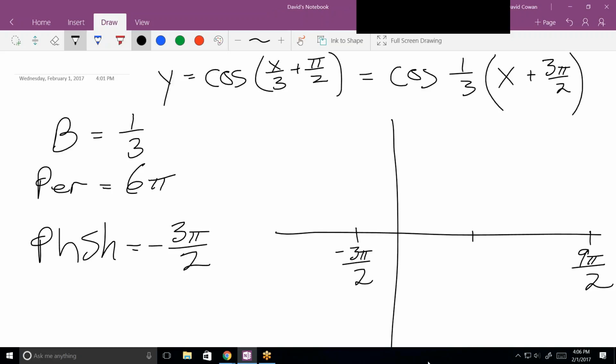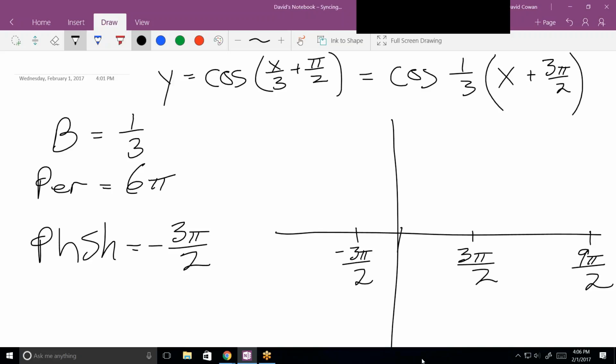Now, they ask you to graph this, right? Well, let's see. If I add them together, I get 6 pi over 2, divided by 4. That's 3 pi over 2, which is also 6 away from that and 6 away from that. That's the other way to look at it. Where's its next quarter point? 0?